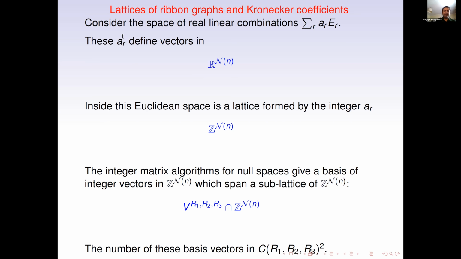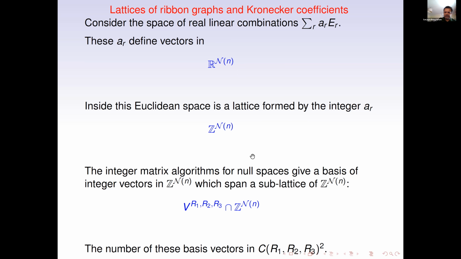So what's happening then is that we have a space of linear combinations of these ribbon graph vectors. So that's another way to describe K of n. We could restrict attention to real coefficients. Inside this, there are some linear combinations which are integer linear combinations, and that defines a lattice inside this Euclidean space.